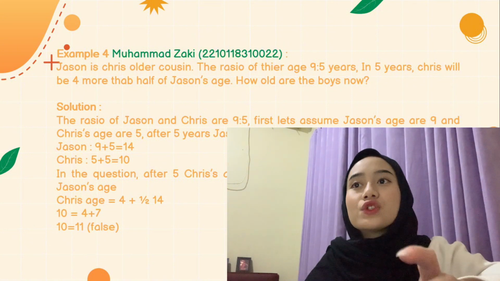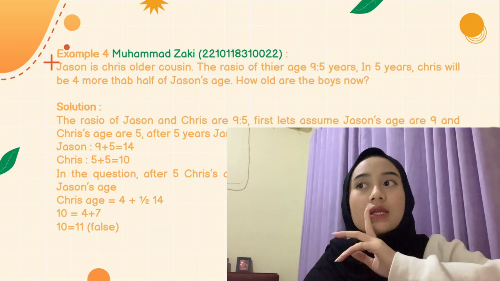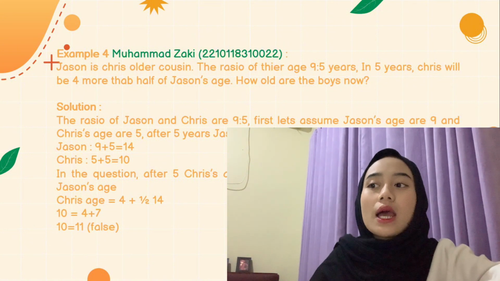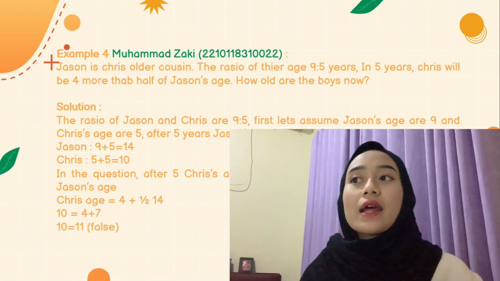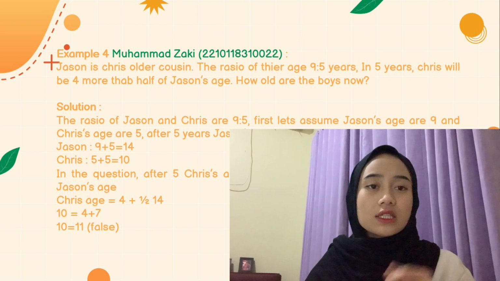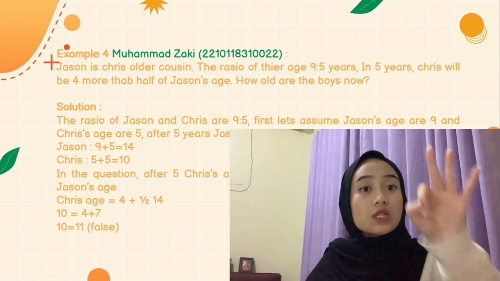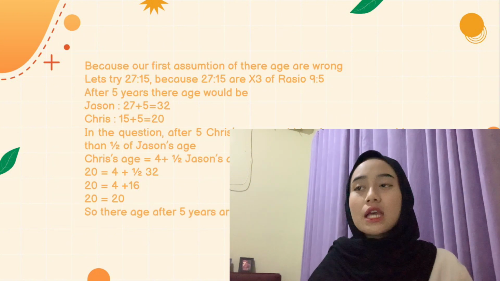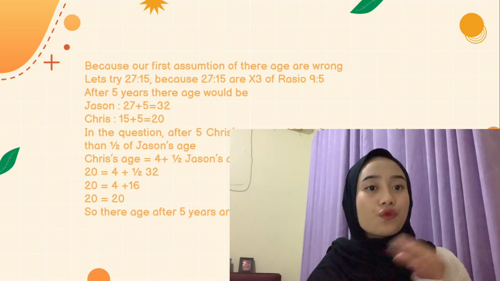So we try a second assumption, 18 and 10, but this assumption is wrong too, it is false. So next is the third assumption, 27 and 15.